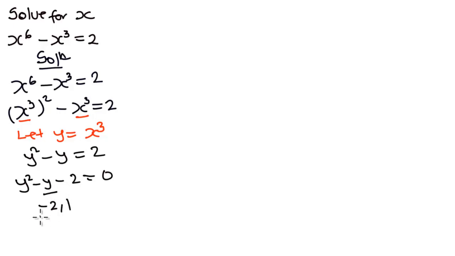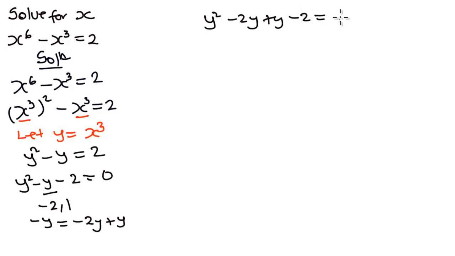So we are going to rewrite negative y as negative 2y plus y. And so we are going to have y squared minus 2y plus y minus 2 is equal to 0. From here we are going to factorize this in batches, the first two terms and the last two terms.